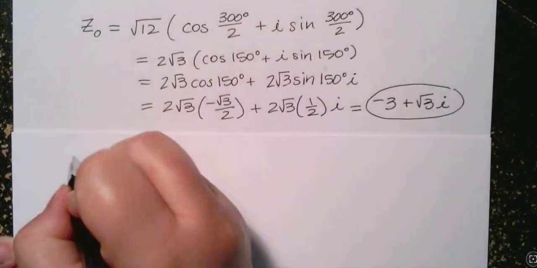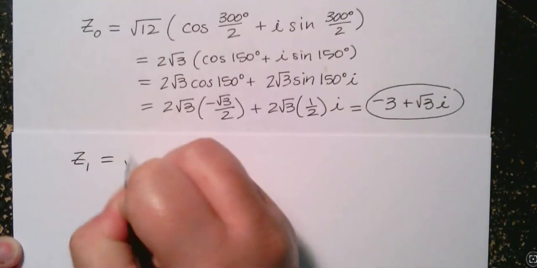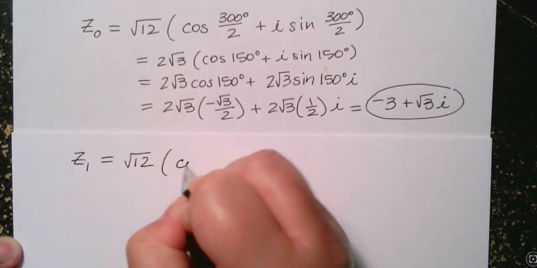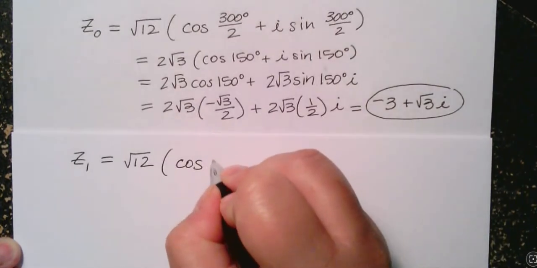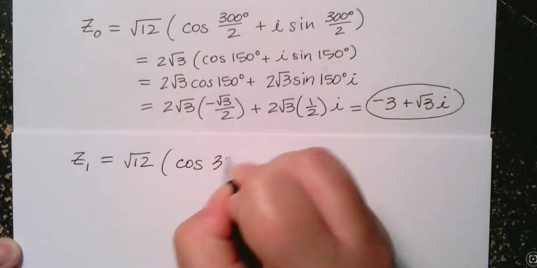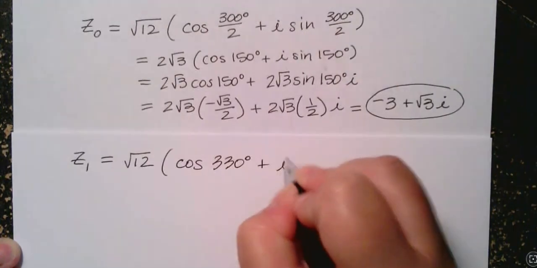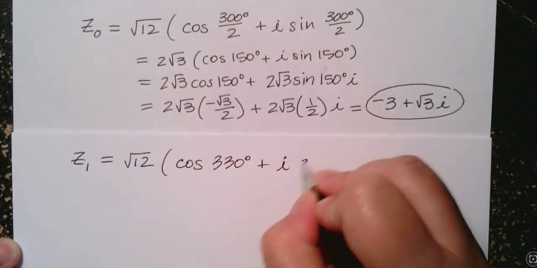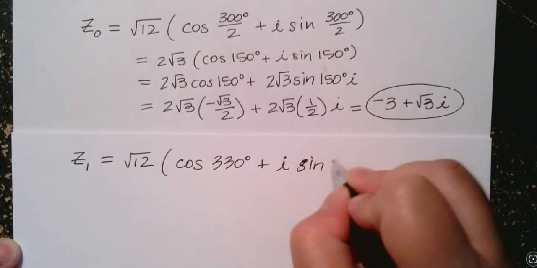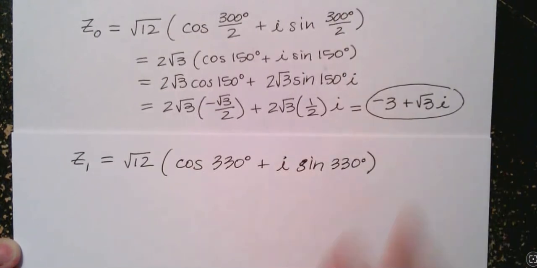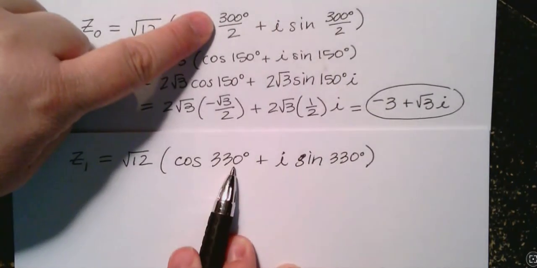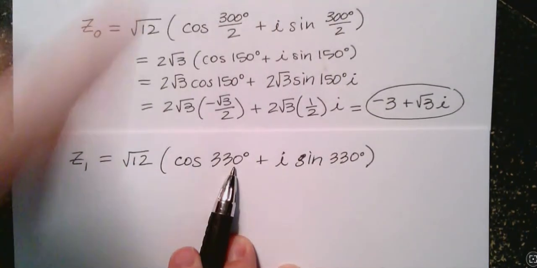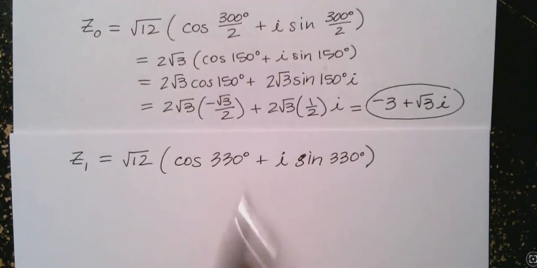So z sub 1 is square root of 12 times cosine of 300 plus 360 is 660. 660 divided by 2 is 330. Sine 330. So again, this came from 300 plus 360 all divided by 2, and that was 660 all divided by 2.